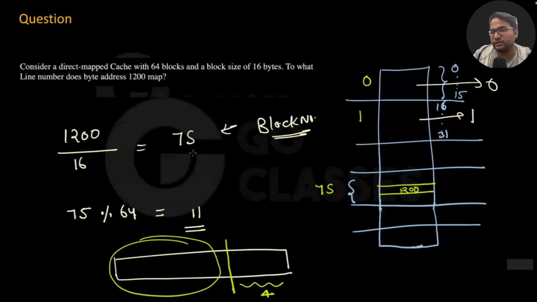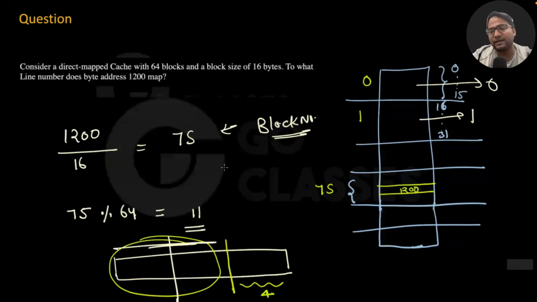Once you get the 75, you are interested in this part, which is basically a mod. So that's how binary and decimal go together.